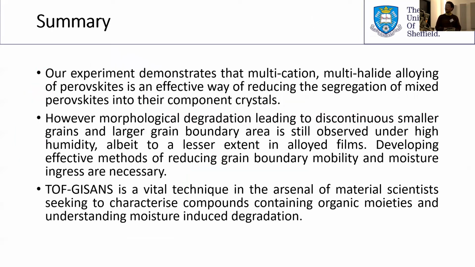In summary, our experiment demonstrates that alloying with multiple cations on the A site, as well as bromine on the halide site, does mitigate segregation to some degree, as well as reduce its vulnerability to moisture. However, you'll need other methods to reduce grain boundary mobility.